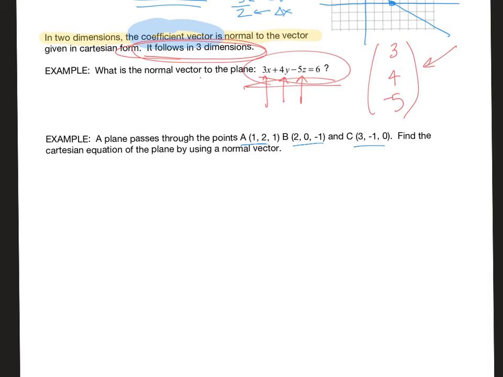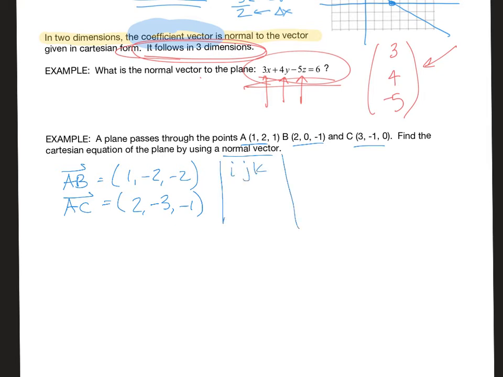All right, so in order to do that, I need a couple of vectors. So I'm going to figure out vector AB by doing head minus tail, and AC, again, head minus tail. So AB would be 1, -2, -2, and AC is 2, -3, -1. All right, and it says to use a normal vector, so I'm going to find the normal by doing the cross product, i, j, k, with the 2 vectors that I just figured out.